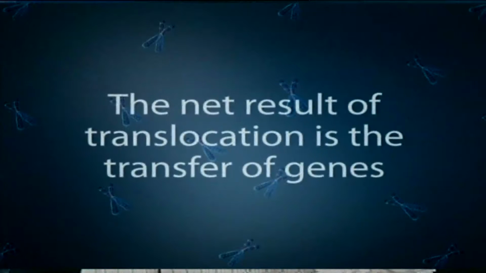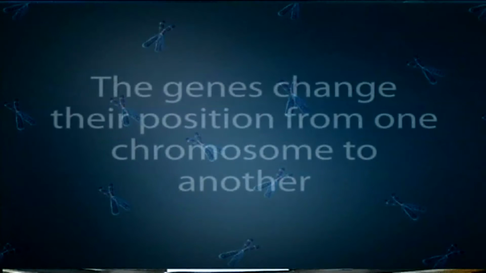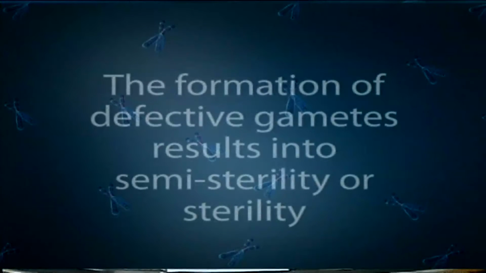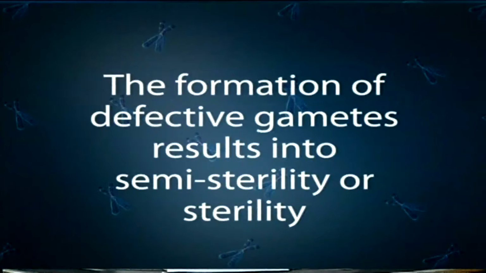In fact, the net result of translocation, if we see, is the transfer of genes. That is, the genes change their positions from one chromosome to another and vice versa, plus the formation of these defective gametes which result in semi-sterility or sterility of the gametes.